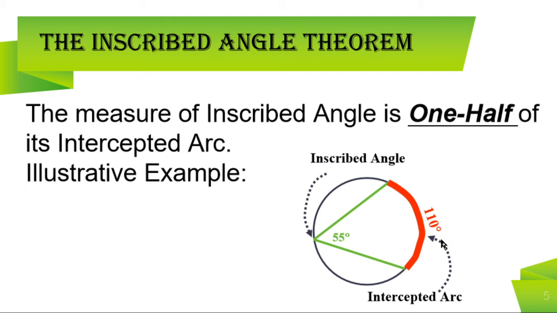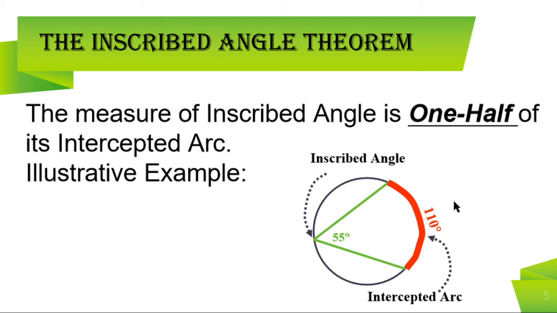But in some cases, we are given the value of the inscribed angle. The technique to get the measurement of the intercepted arc is to multiply the measurement of the inscribed angle by 2. So if we have an inscribed angle equal to 55 degrees, we just multiply it by 2, and we will have the intercepted arc, which is 110 degrees.